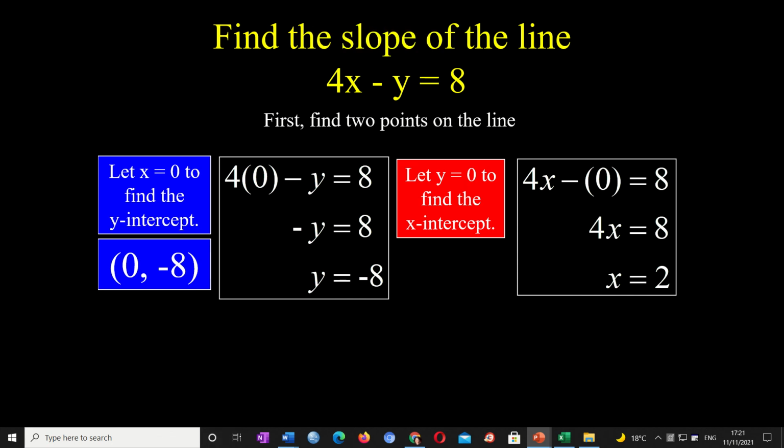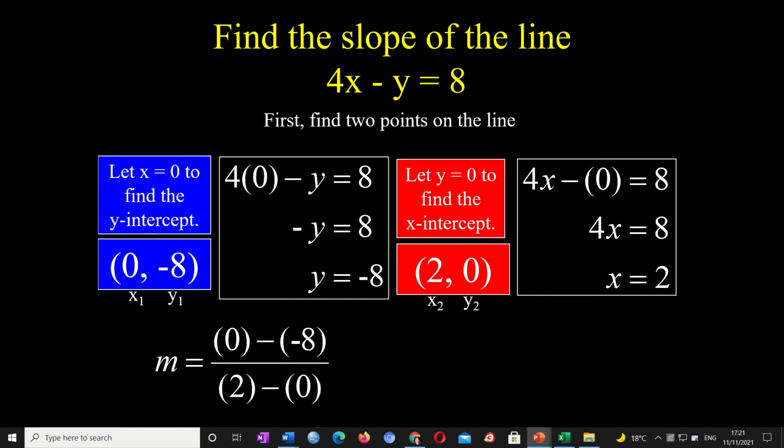Do you want me to repeat? No? Okay, so when x is 0, this is the y-intercept. When y is 0, this is the x-intercept. Okay? Now here, this is 8 over 2, and that's 4.